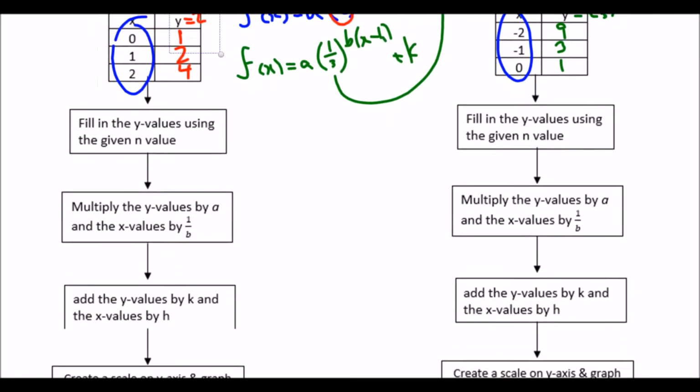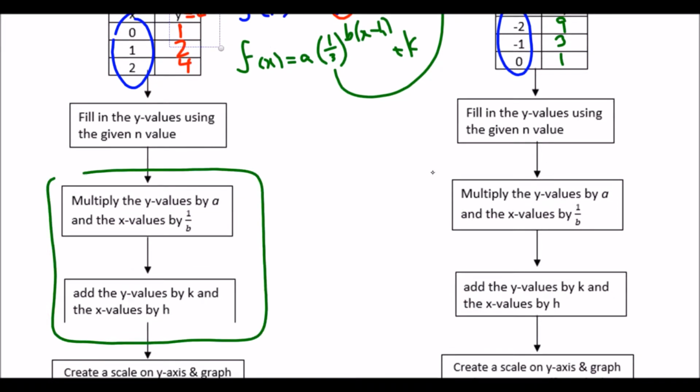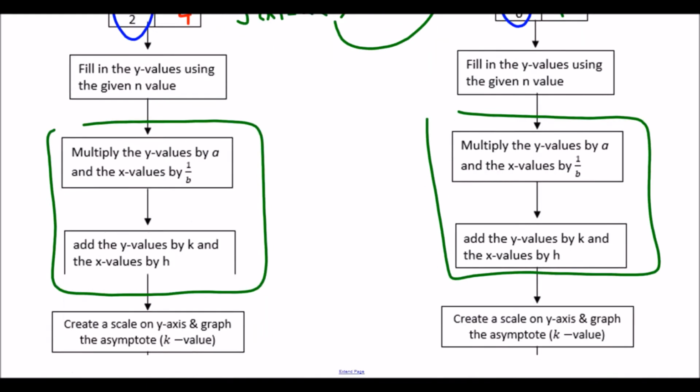And then we're going to add k to the y values and h to the x values. I'm going to combine these two steps again, and you notice that these are both the same on either side. And then finally, we're going to create the scale and graph the asymptote. That's just our k value. And the one point I don't have down here is that we are going to plot the points and then draw a smooth curve. So here we're going to do 2 examples, and that'll be the lesson.